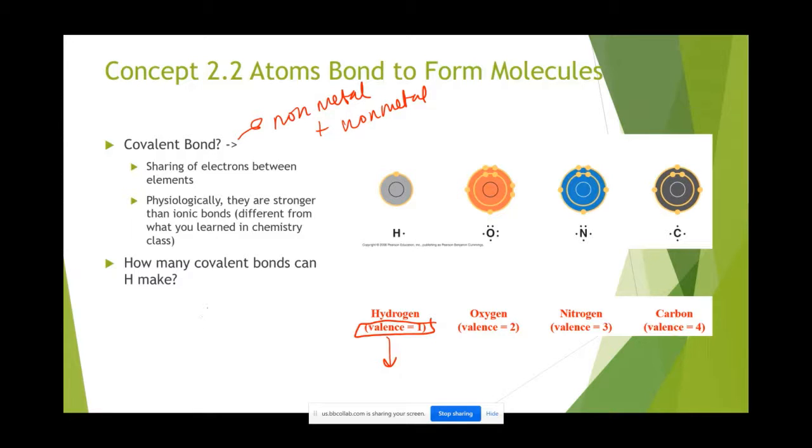Let's say you have two hydrogens that are coming together. You guys know that hydrogens are nonmetals, right? That's why they're technically covalent bonds. If I want to make a bond with each other, notice it only makes one. The valence for hydrogen is that it can only make one bond.